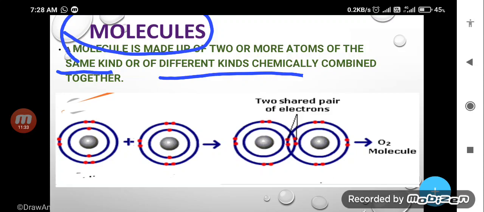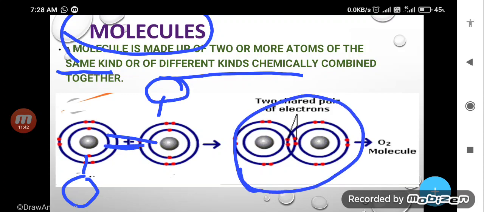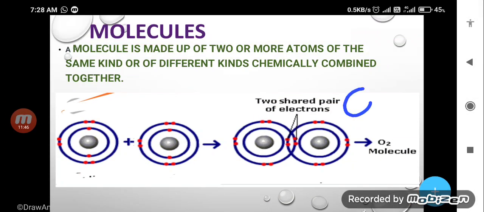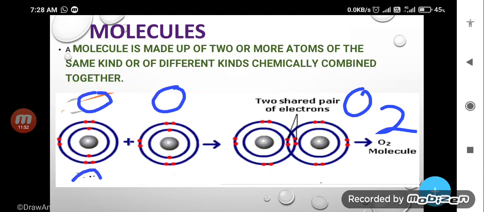This is one atom of oxygen and one atom of oxygen, both combined chemically. What do they form? An oxygen molecule. So here you will write the formula O2. But if you write 2O, it is not 20, it shows that there are two atoms of oxygen.